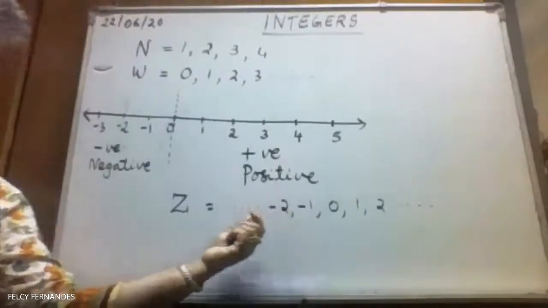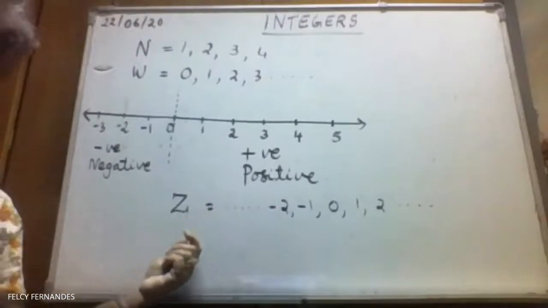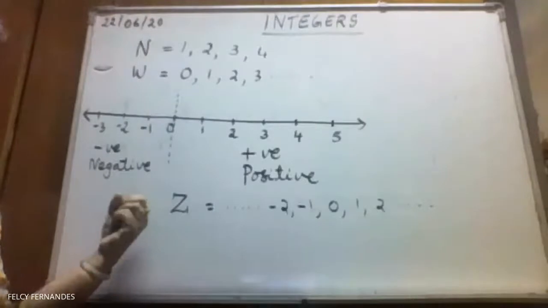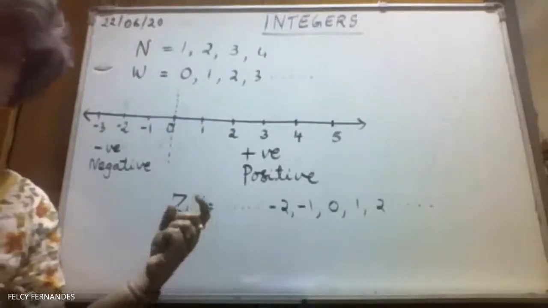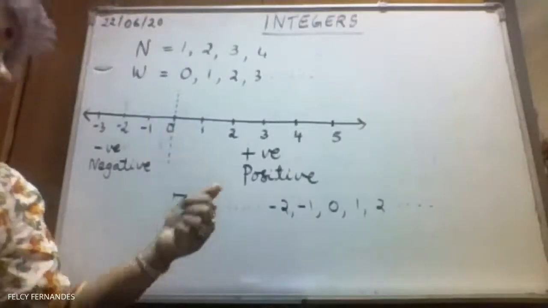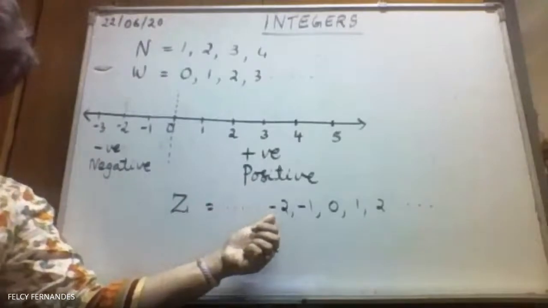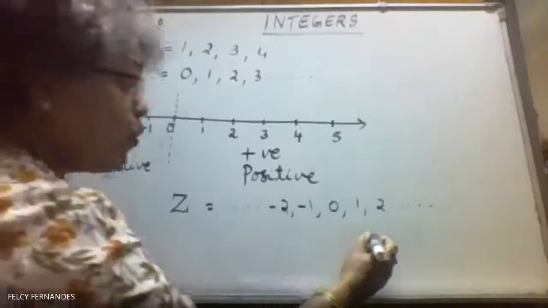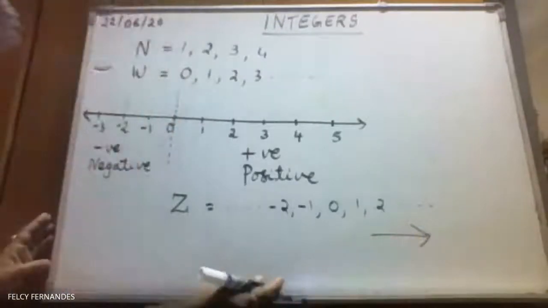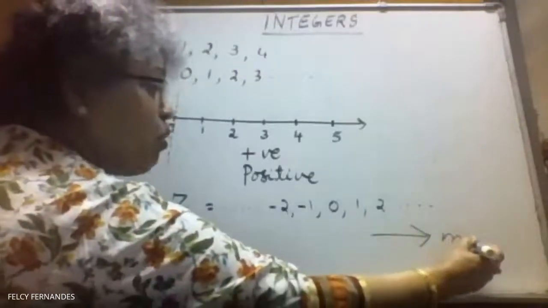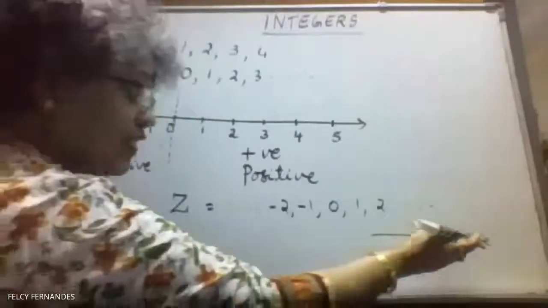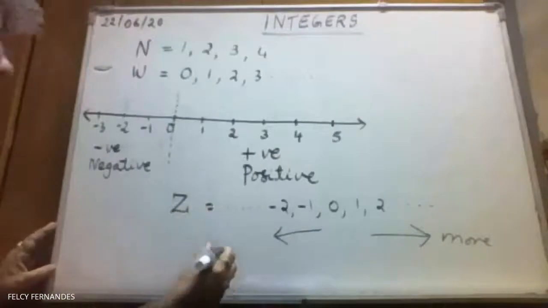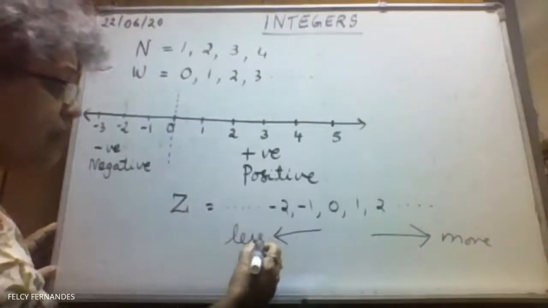So as you proceed on your left side, the values become less and less. Though the numeral is bigger, because of the negative sign, the value becomes less. When you go on the right side, the value becomes greater. As you go on the left side, the value becomes less.